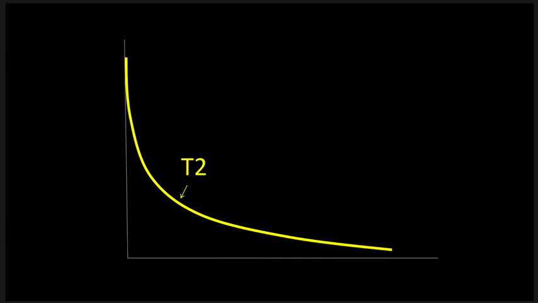So you may remember this here also, where this is the hypothetical T2 decay, but then you've got this T2 star, which is sort of like random causes plus your fixed causes.